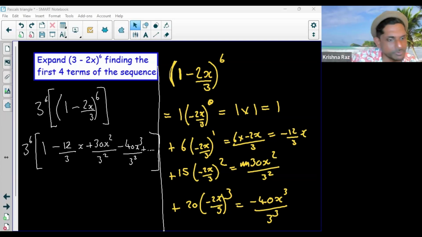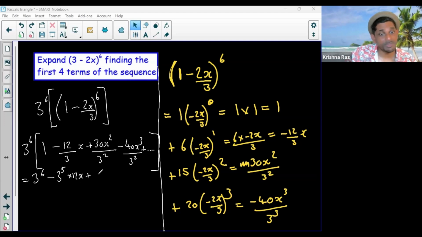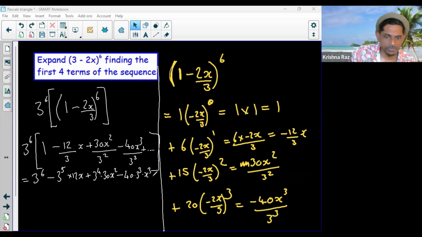Now I need to multiply everything by 3 to the power of 6. So the first term will be 3 to the power of 6. The next one will be 3 to the power of 6 divided by 3, which is 3 to the power of 5, times 12 times x, plus 3 to the power of 4 times 30 times x squared, minus 40 times 3 cubed x cubed. So we can see the denominator is now cancelling out that power of 3, and that will always be the case when we do it this way.